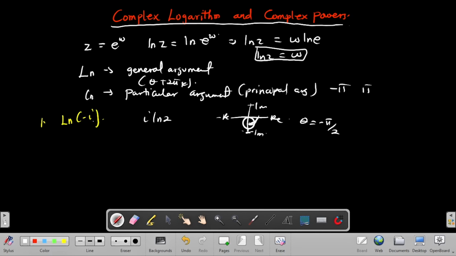So 270 over 180 gives 3 pi over 2. This is also another valid argument. So negative pi on 2 or this. Negative pi on 2 satisfies the principal argument, which should lie within negative pi and pi.